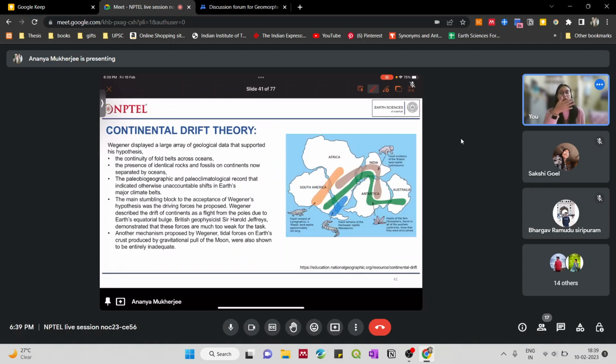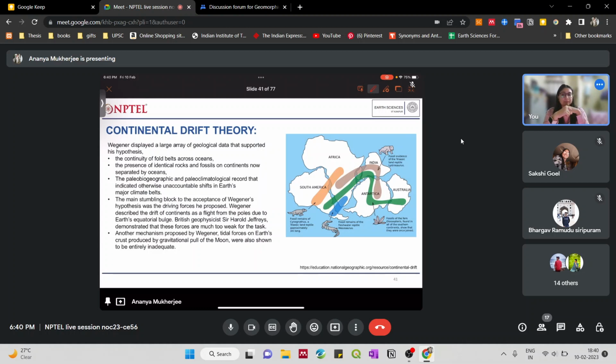So a gist about the continental drift theory. Continental drift theory is still important even though it was disproved later on by the researchers, because it gave us the idea that the edges, the margins of the continents that are present today fit together very well if you get them all together. So the whole ideas about supercontinent, continental breakup, continental assembly can be understood by the continental drift theory.